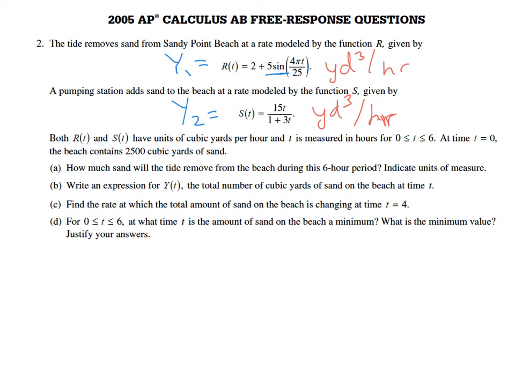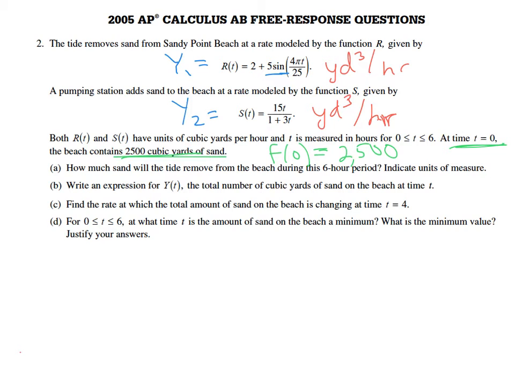Important to note, what you just read or heard me read was given initial information. So another way of saying that, I don't want to say R of 0 or S of 0, but let's just use a general F, where F would be my function for the amount of sand on the beach. I've got 2,500 cubic yards of sand, okay? That's not directly related to my rates, but we'll get there.